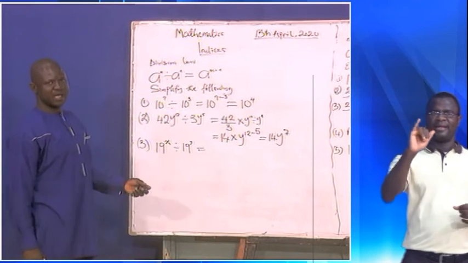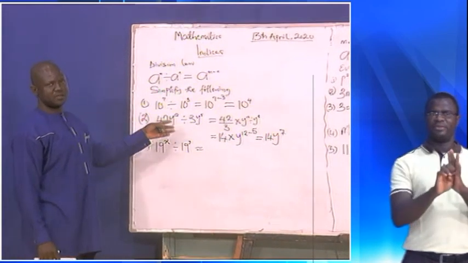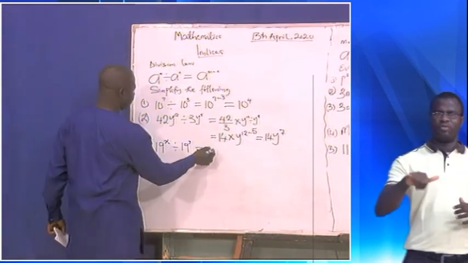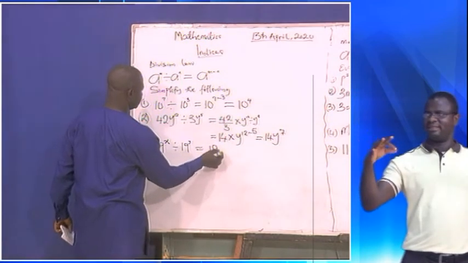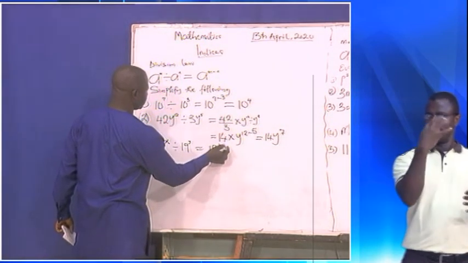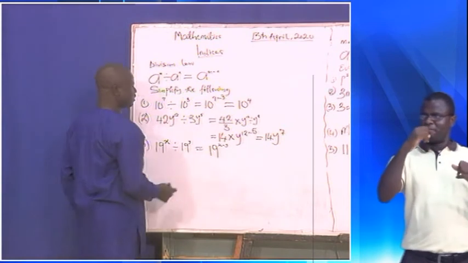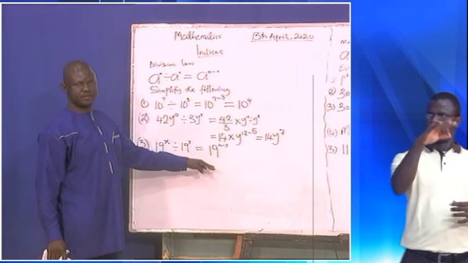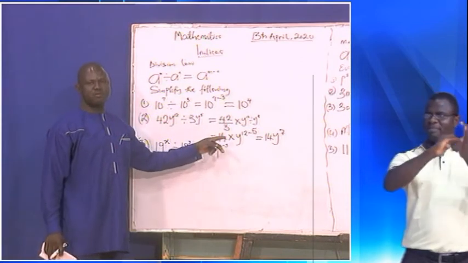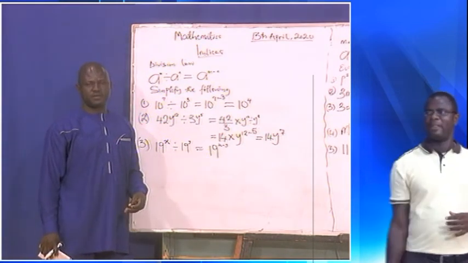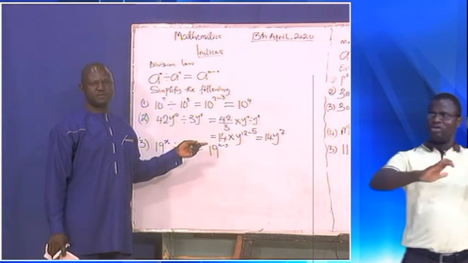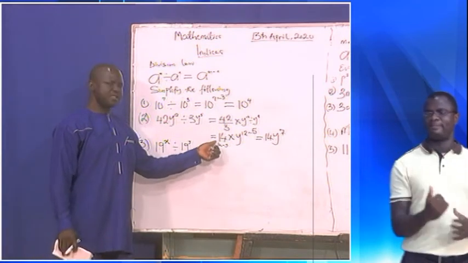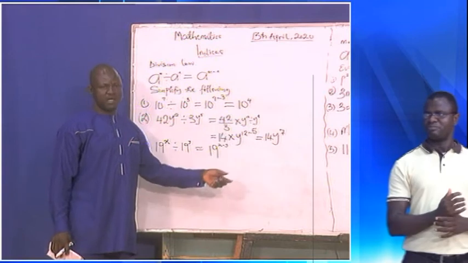And the exponents are x and y. So here we are going to have 19 raised to power of x minus y. This is where we are going to draw the curtain for this question, because x and y are variables, whose values are not given to us. So we'll leave it as x minus y.